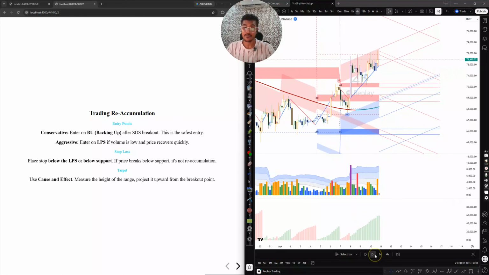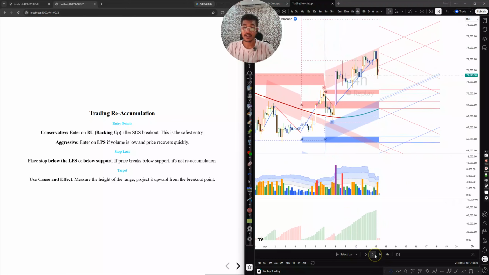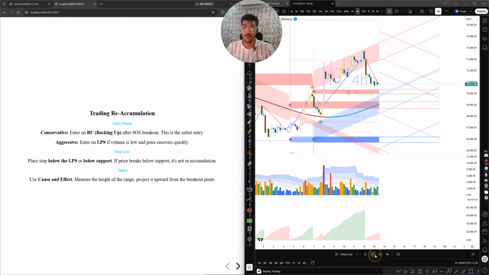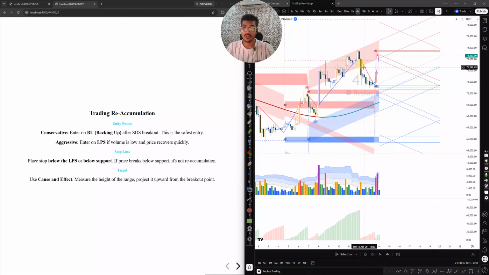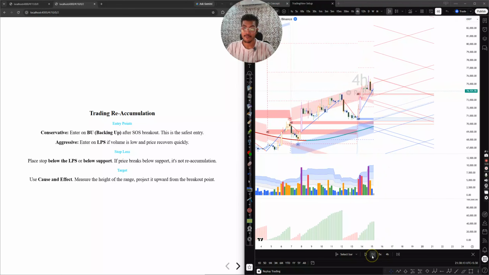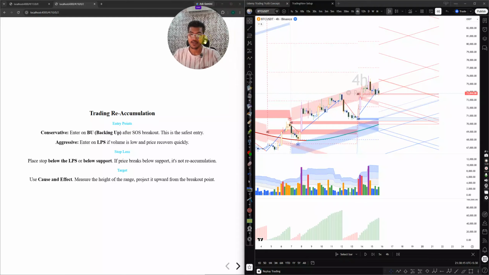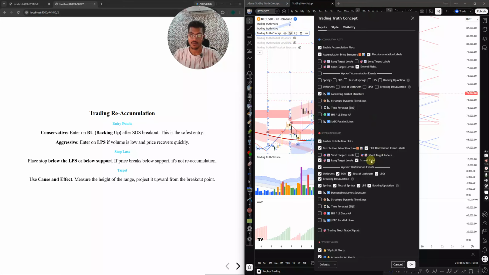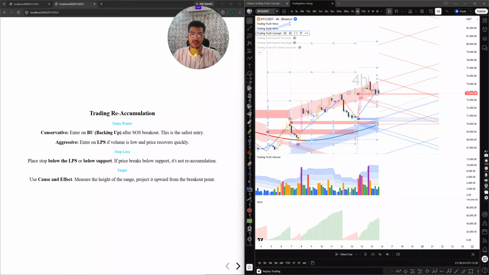All right, so the market goes there, comes back down, and makes again a reaccumulation structure. For this, the target is here, and let me actually extend it to the right. Oh yeah, it is extended to the right.